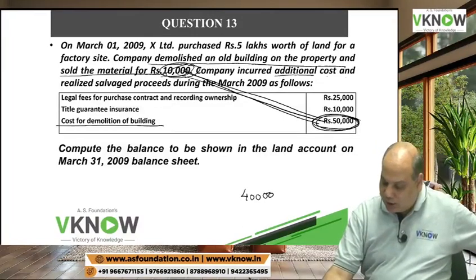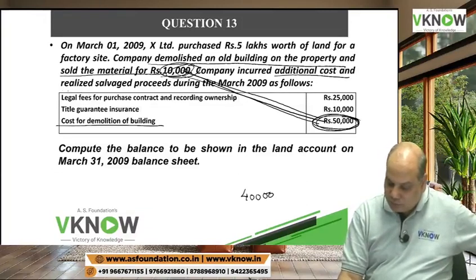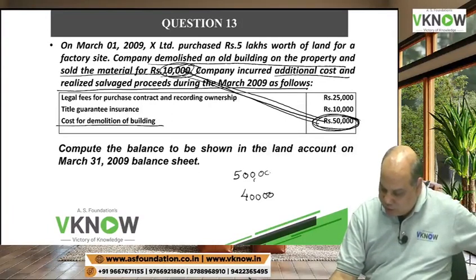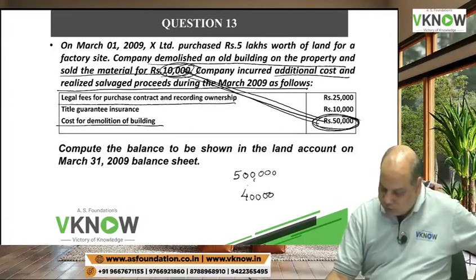The company incurred additional cost and realized salvage proceeds during March 2009 as follows. First of all, you have purchased land for 5 lakh. Legal fees you have incurred, 25,000.